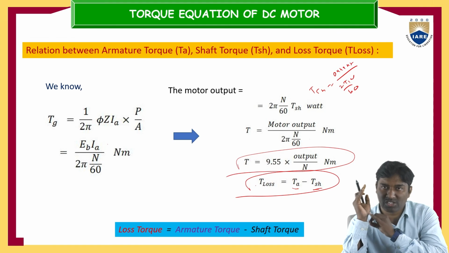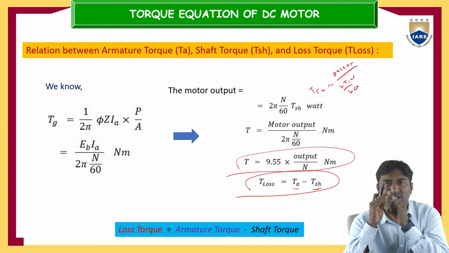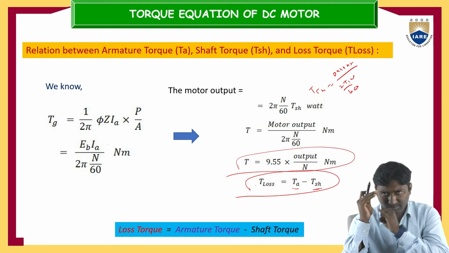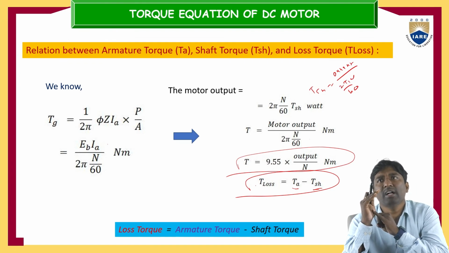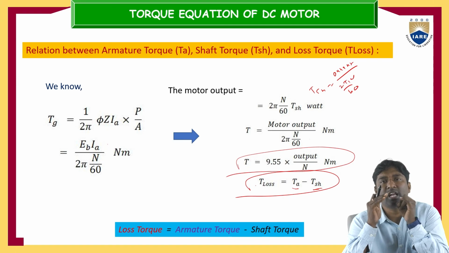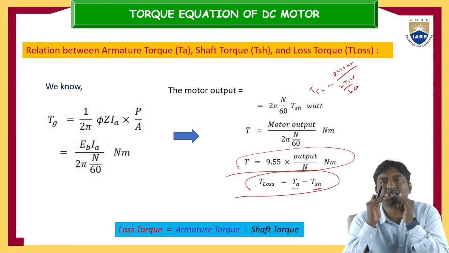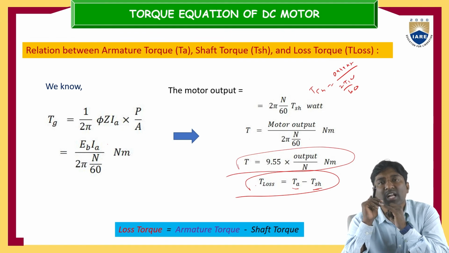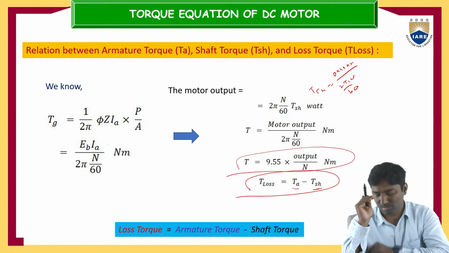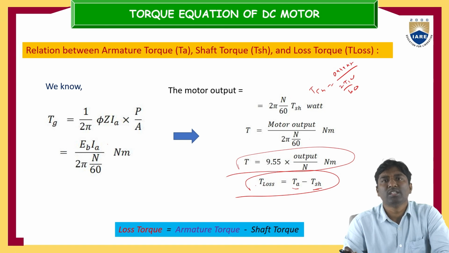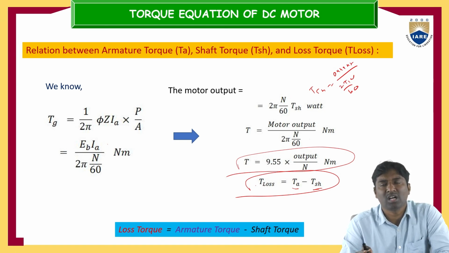Torque developed at the shaft is called the shaft torque. And torque developed due to the loss is called the loss torque. The relationship between these three torques is: loss torque is equal to armature torque minus shaft torque. So this is about different types of torques of the DC motor.